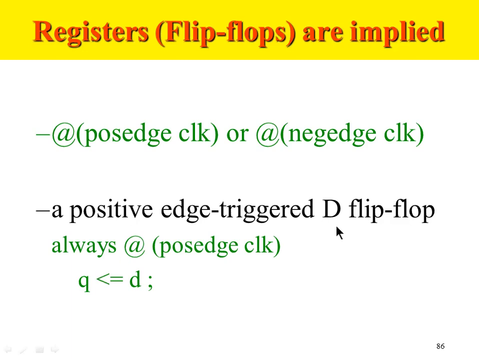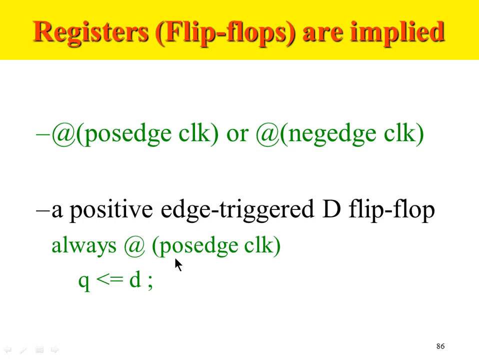So a simple D flip-flop can be implemented in hardware using a simple Verilog line: always @(posedge clock) Q <= D. Posedge clock means positive edge of the clock. A clock, as you know, is free running. Every clock period, once it will have a positive edge, once it will have a negative edge. Your D flip-flop normally is an edge-triggered flip-flop which will work on the posedge or the negedge of the clock.